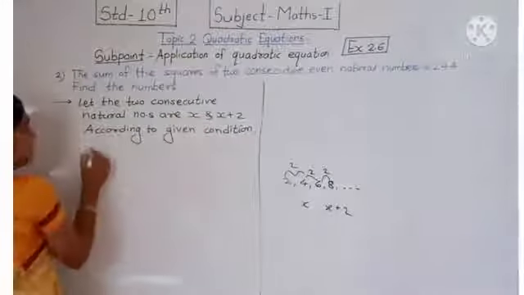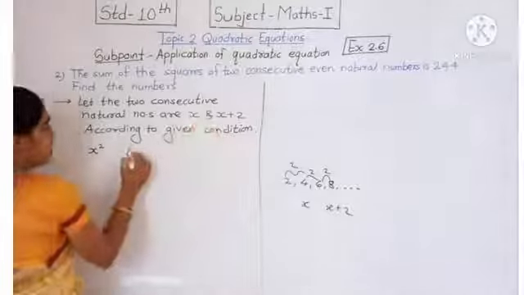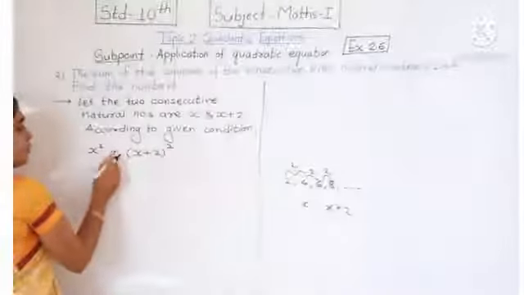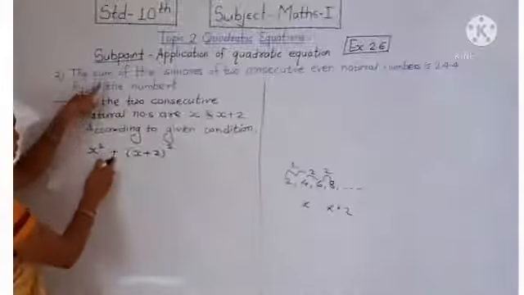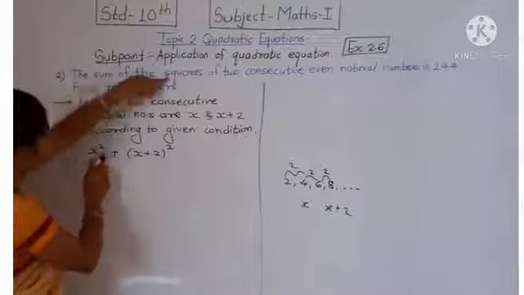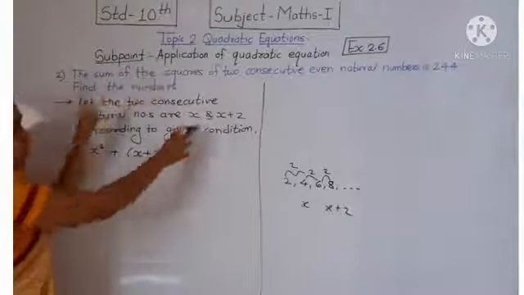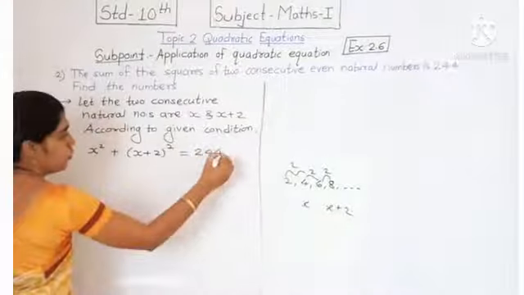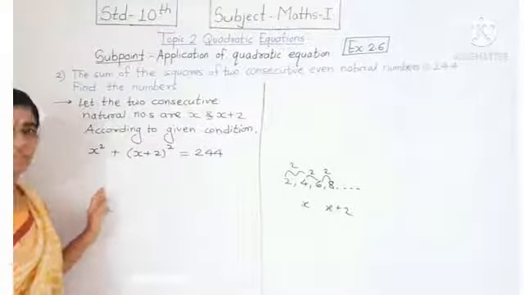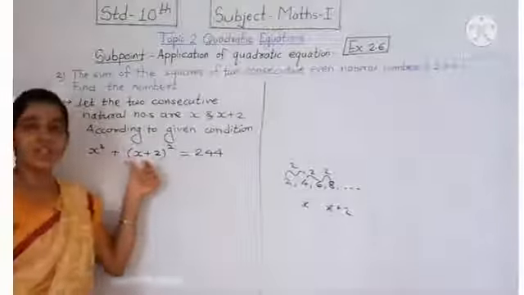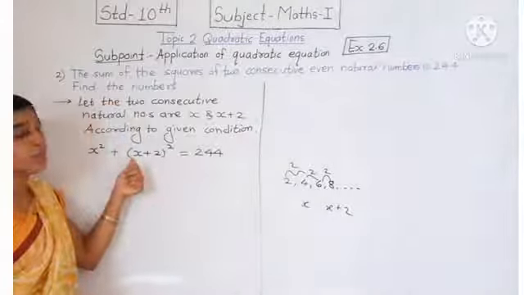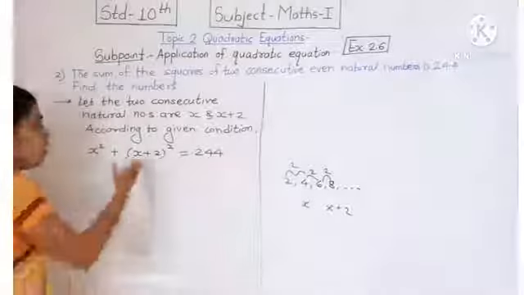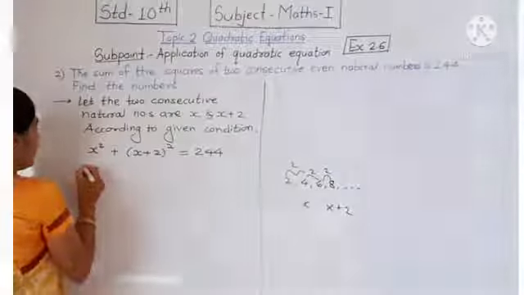So its square is x square and its square is (x plus 2) whole square, and their sum is 244. Understand how to write this condition? This is important. First step, we have to convert this problem into symbolic form. Now simplify this, you get the value of x.